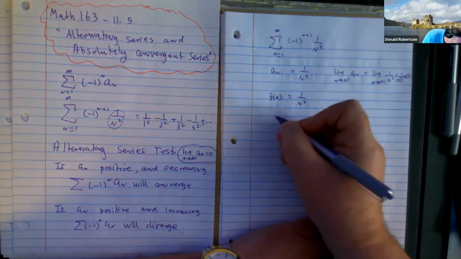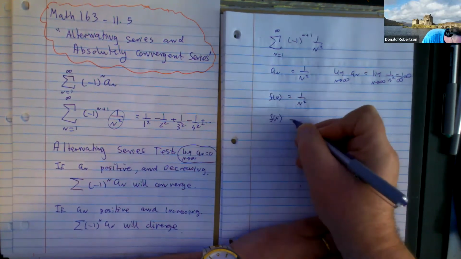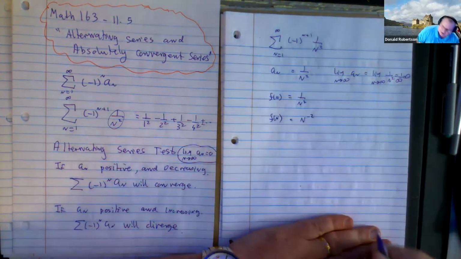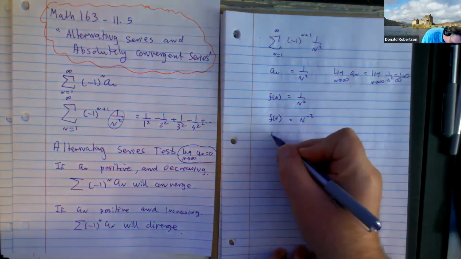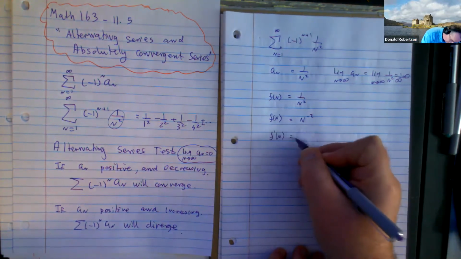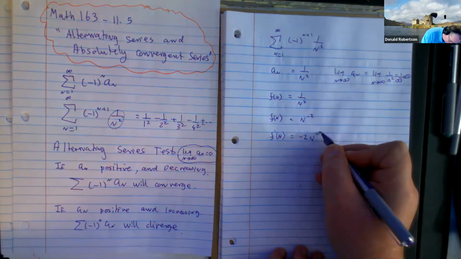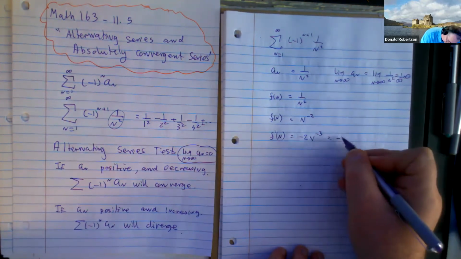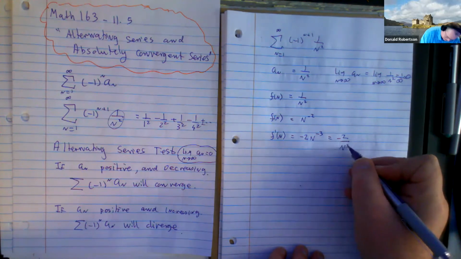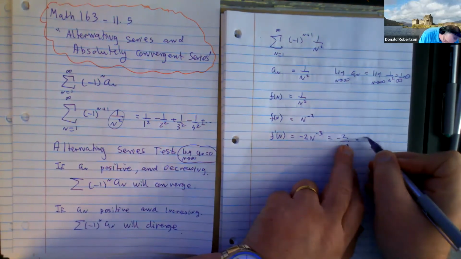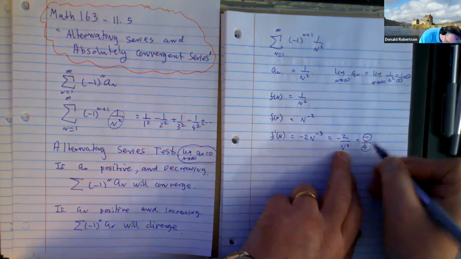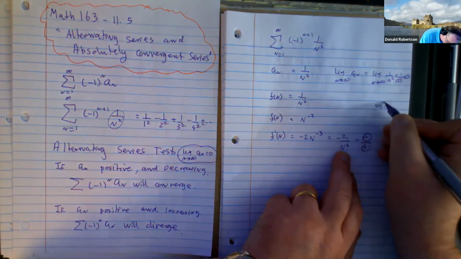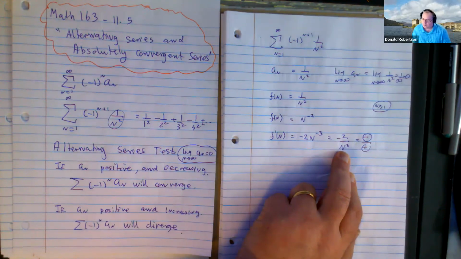if I want to prove something's decreasing, I need to show that its derivative is negative. Didn't we do that in the integral test as well? So I'm rewriting it in this format so I can multiply by the power, reduce it by 1, then make it look pretty. And then say -2 is a number that's always negative. n cubed is always positive, because remember, these questions always assume that n is 1 or more.